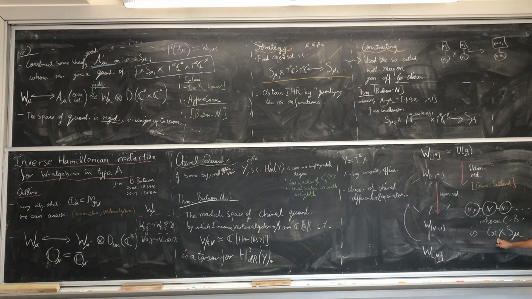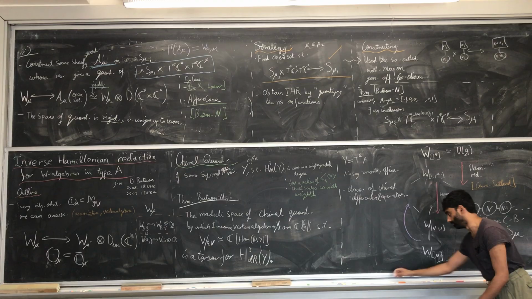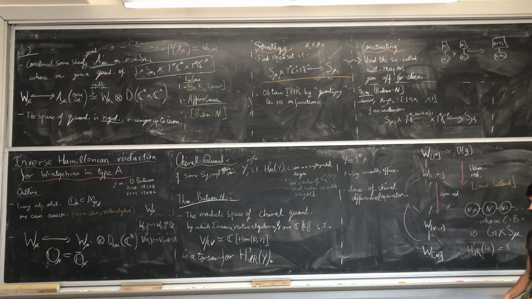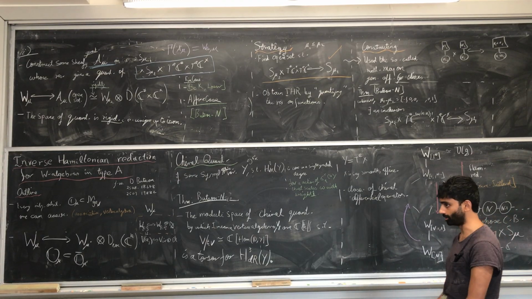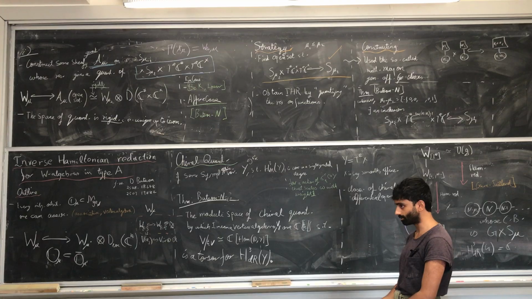This has an interesting H3 because it has H3 Durand G, which is interesting in one dimensional. So that's the biggest example where you do have an interesting H3. You do have an interesting space of quantizations.